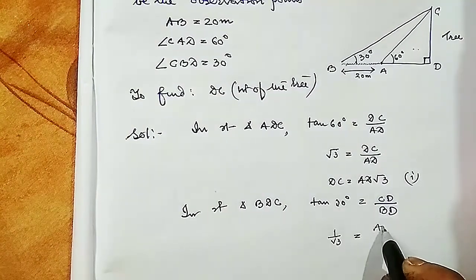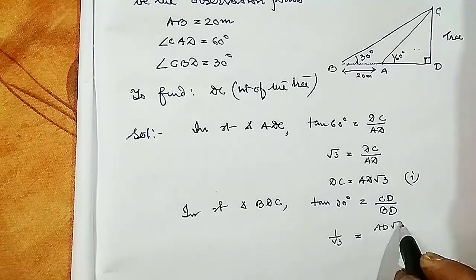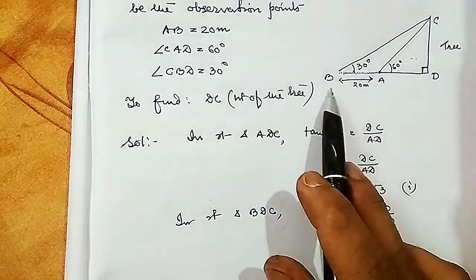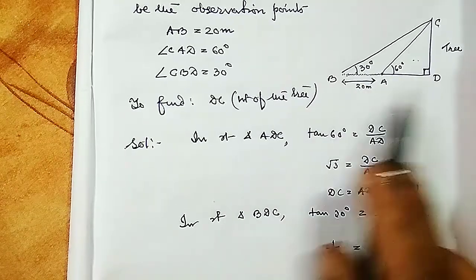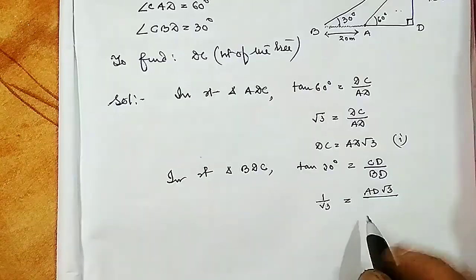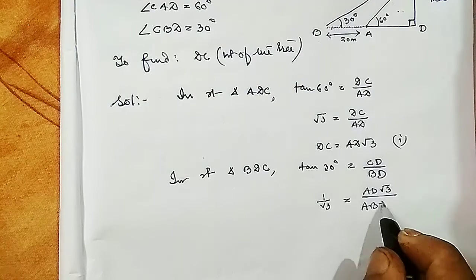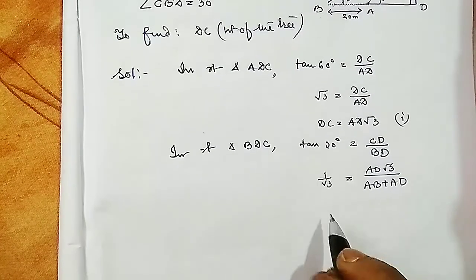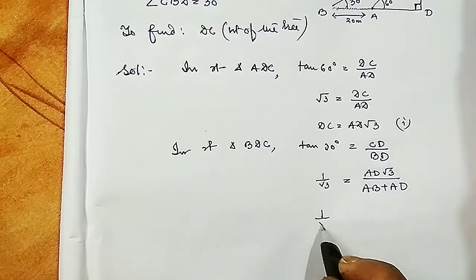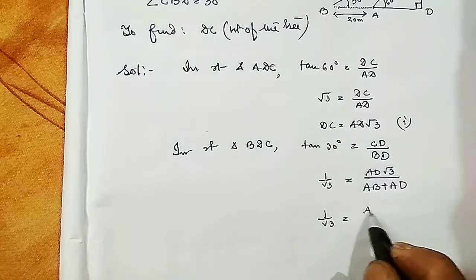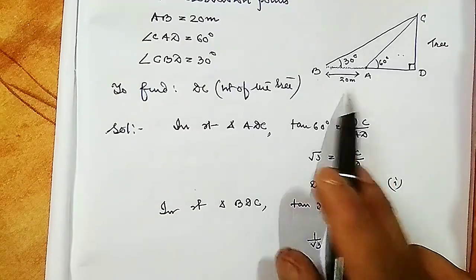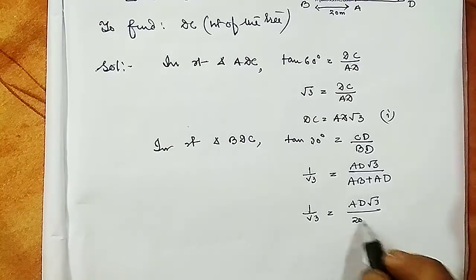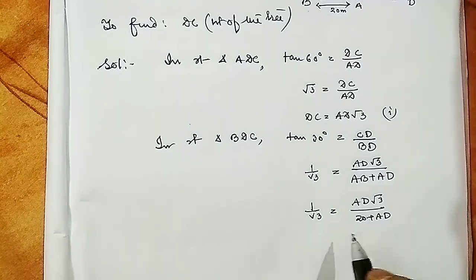So from equation 1 we can write CD equals AD root 3, and instead of BD I can write AB plus AD, because BD is AB plus AD. Now 1 by root 3 equals AD root 3 over, and AB we know it is 20, so I can write 20 plus AD.